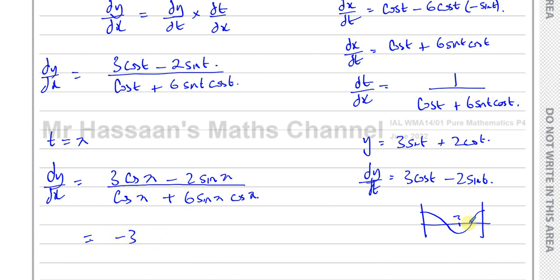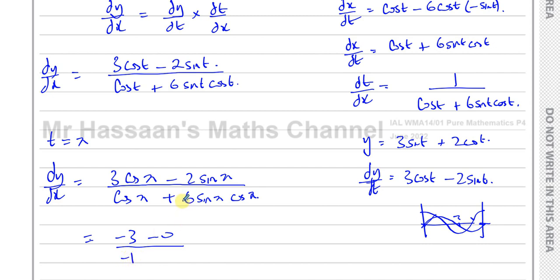The sine of pi is 0. Okay, I drew that wrong. It's not this graph at all. Okay, this is the sine curve. The sine of pi is 0. So that's going to be minus 0 over cosine of pi, which is minus 1.